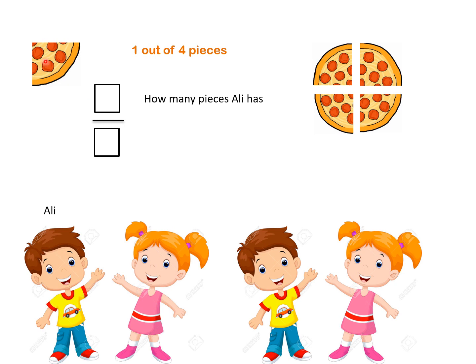Ali has only one piece, so I'm going to write here 1. And down here, we're going to put the total number of pieces that the pizza was divided into. The pizza was divided into 1, 2, 3, 4. So I'm going to write here 4. This is another form that is called a fraction.